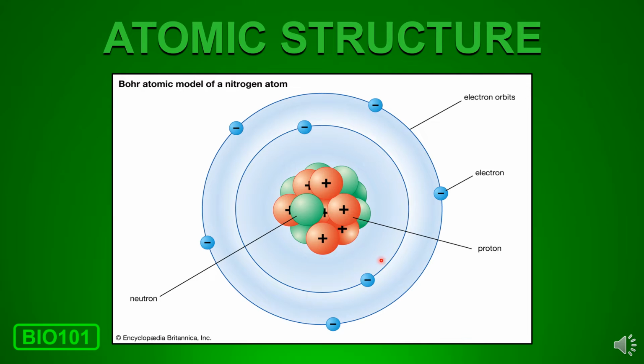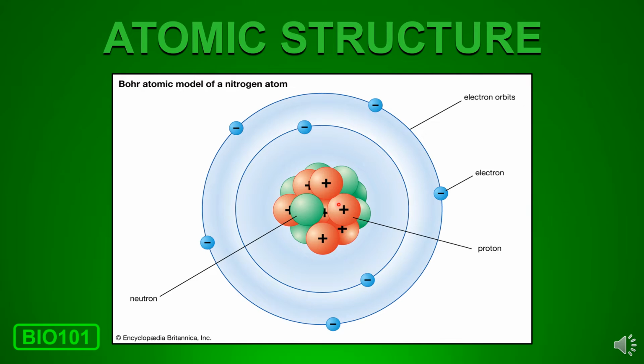So here we see a Bohr model, that's B-O-H-R. And so this shows you an atom and the relationship between electrons, protons, and neutrons as a 2-dimensional image. Remember that, and I can't stress this enough, an atom is a three-dimensional structure.